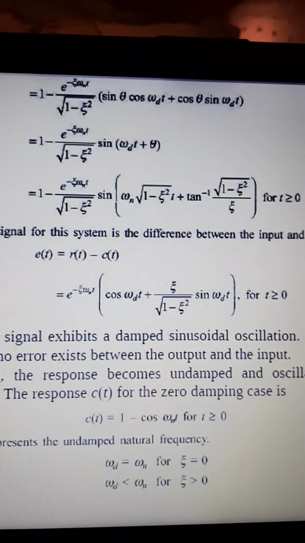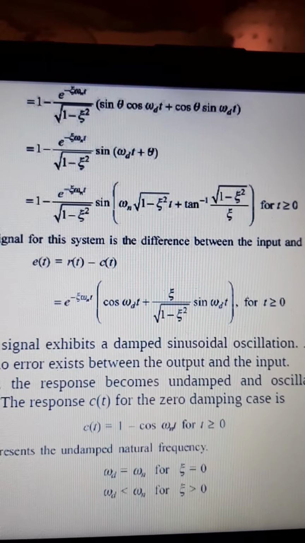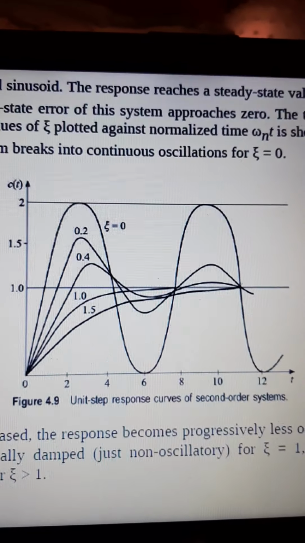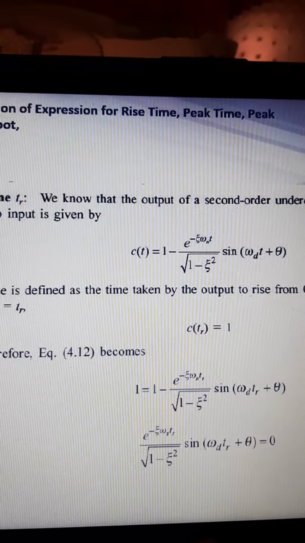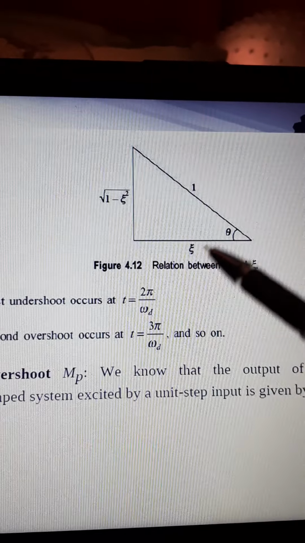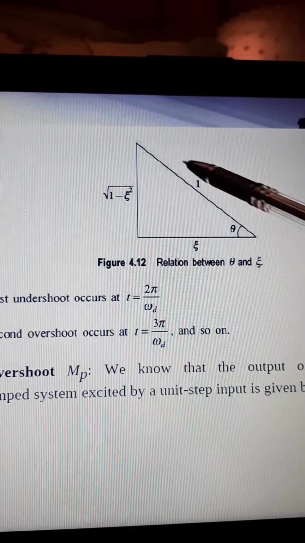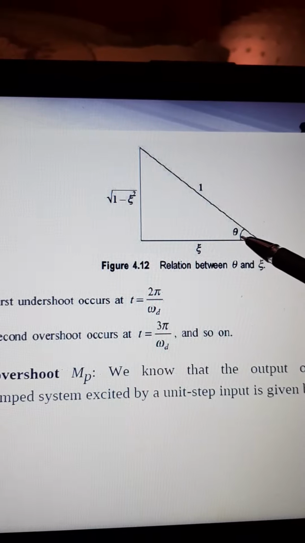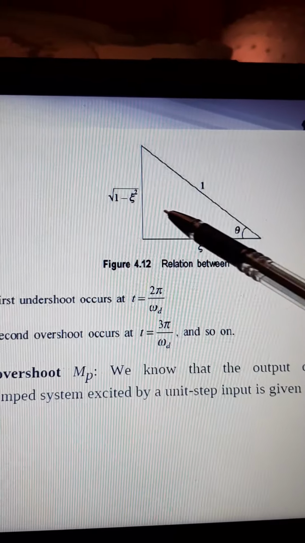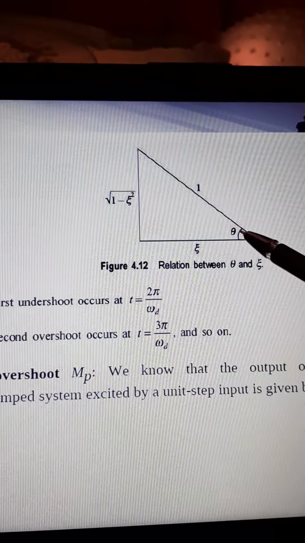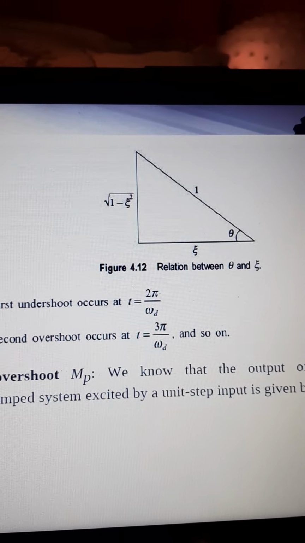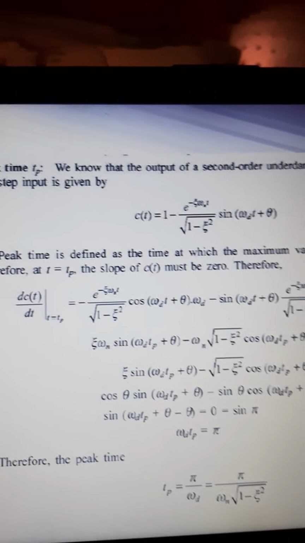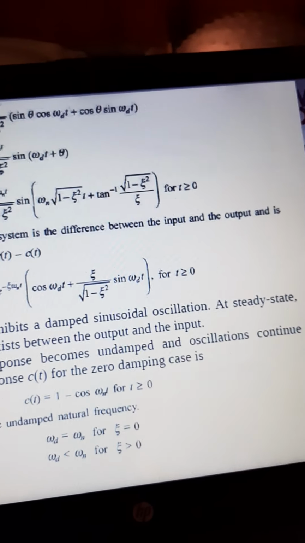So here, how they are getting that form: when you go to the particular diagram, it will show the relationship between theta and psi.